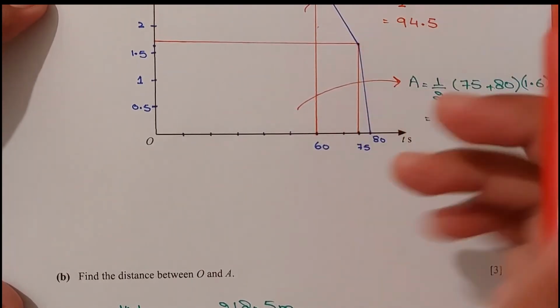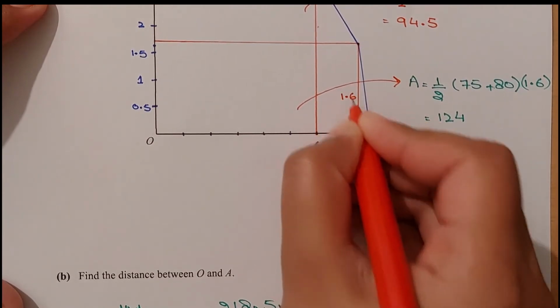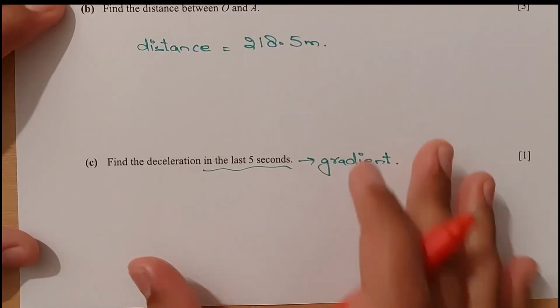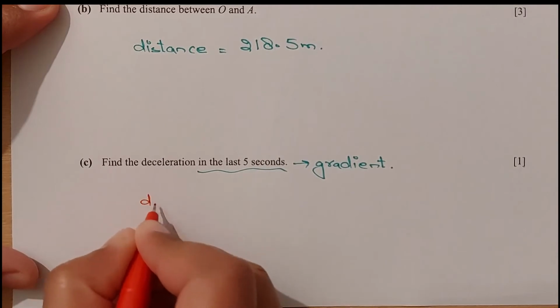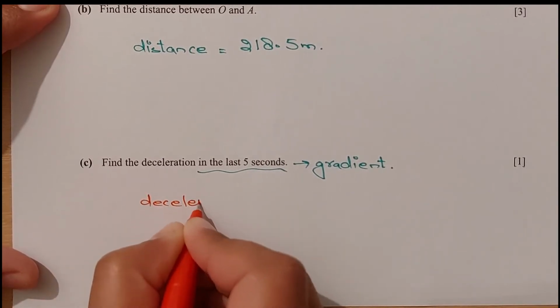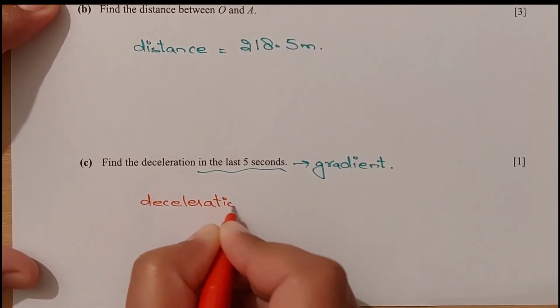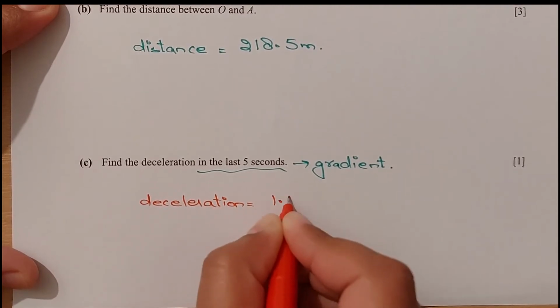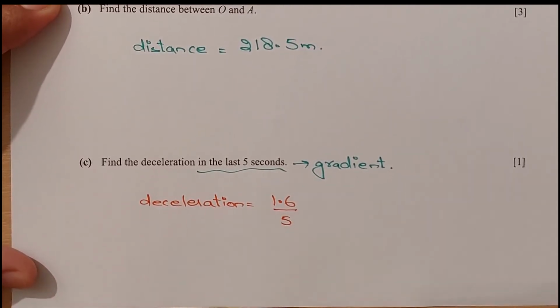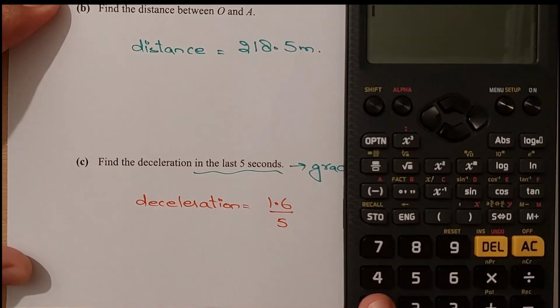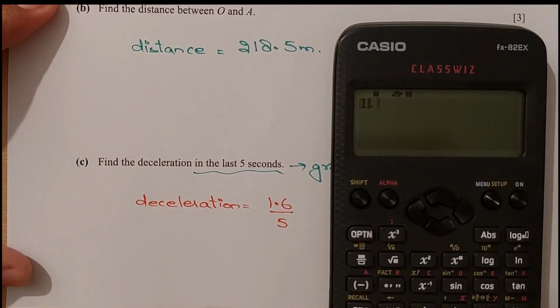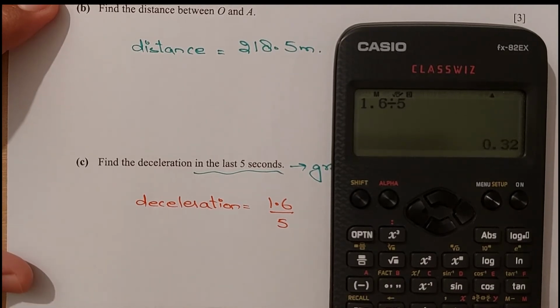This is the y value, that is 1.6, and the x value is just 5. So we can say that deceleration is 1.6 divided by 5. So we have, let me do 1.6 divided by 5. This is equal to 0.32.